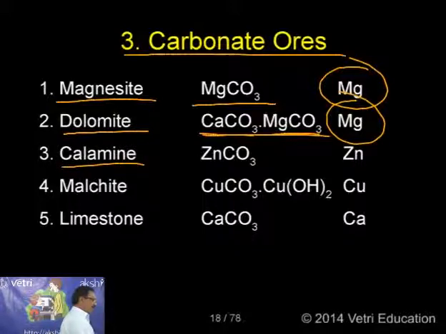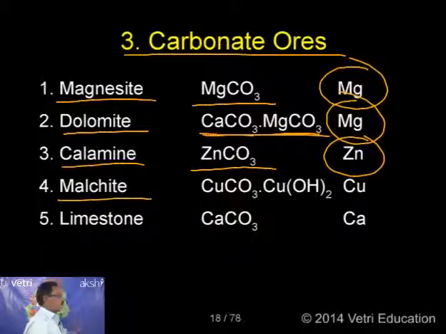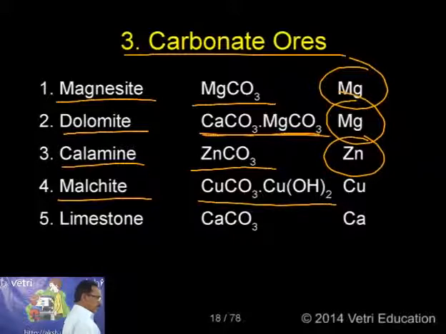The next one, calamine, another important carbonate ore, molecular formula ZnCO3, zinc carbonate, and we are getting the metal zinc. The next one, malachite, another important carbonate ore, a mixture of two compounds, copper carbonate and copper hydroxide, molecular formula CuCO3.Cu(OH)2, and mainly copper we are extracting from this carbonate ore.